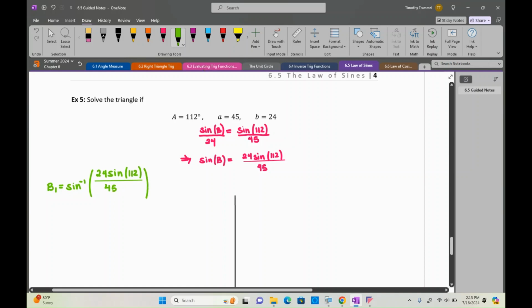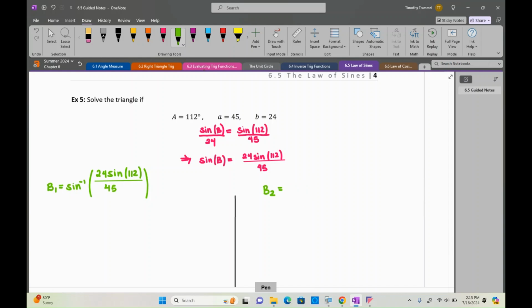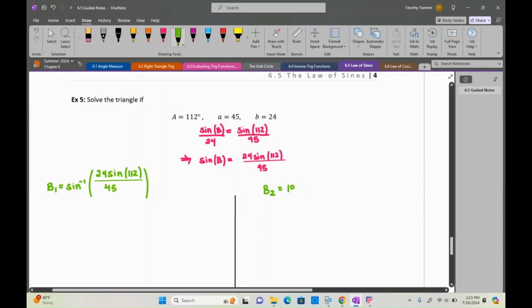And if we want to, we could start writing B2 as well. But remember, for B2, we want to do 180 minus the sine inverse. So I'm going to write 180 minus sine inverse of 24 sine of 112 divided by 45.